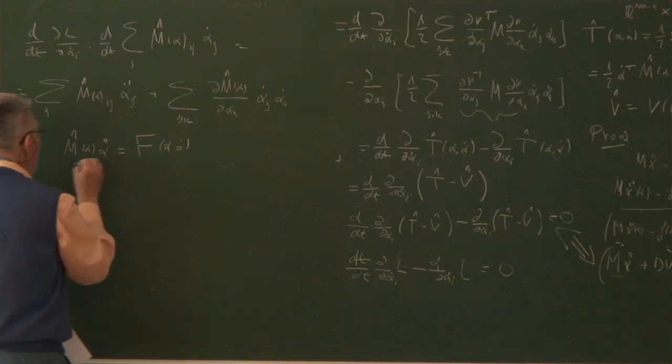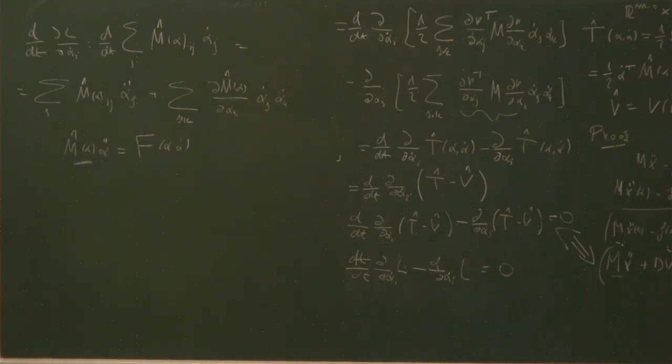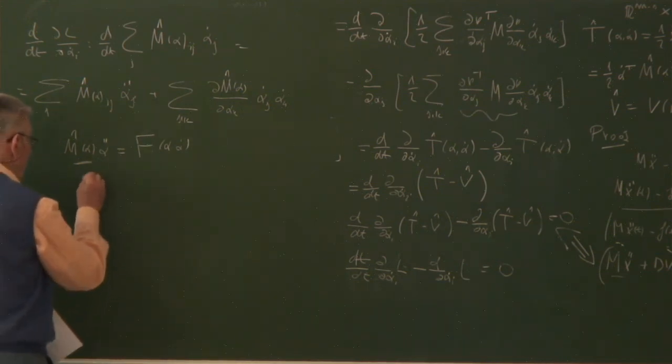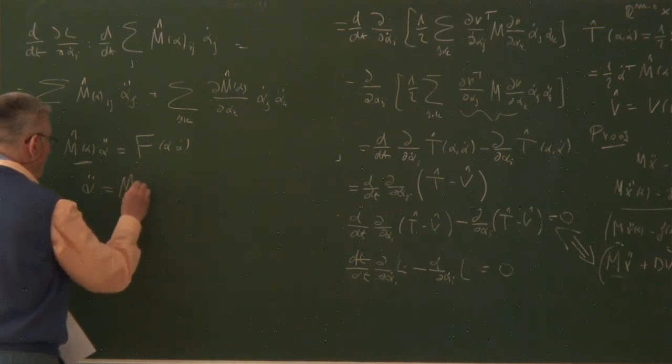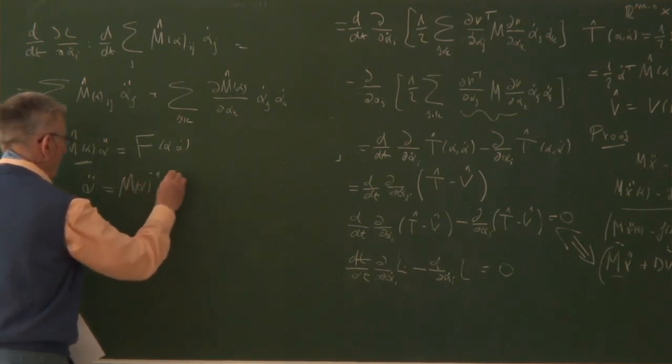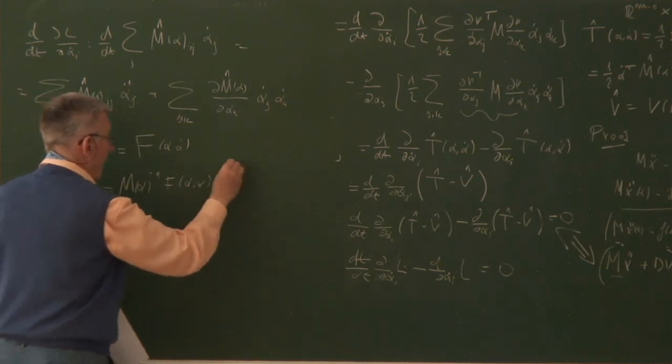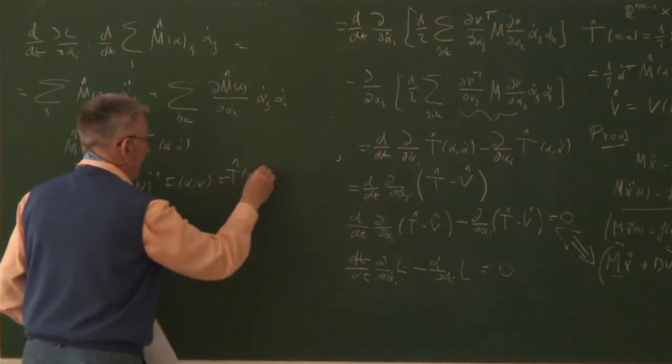What do we know about the matrix M hat? We have some information on it. If this would be invertible, then we could write it down this way. And that's again some other smooth function of alpha and alpha dot.